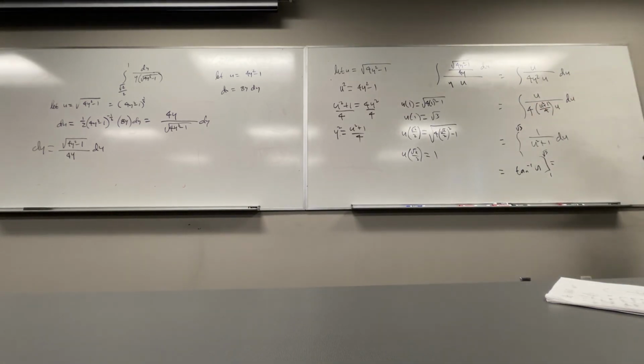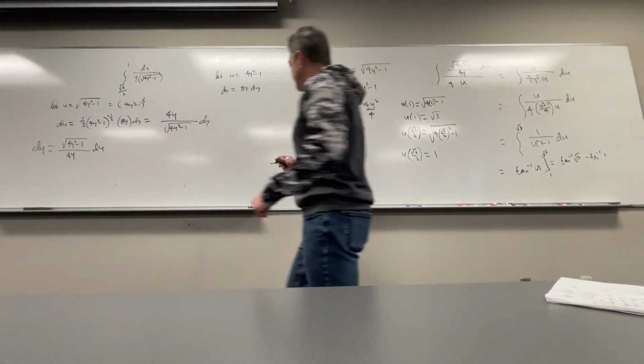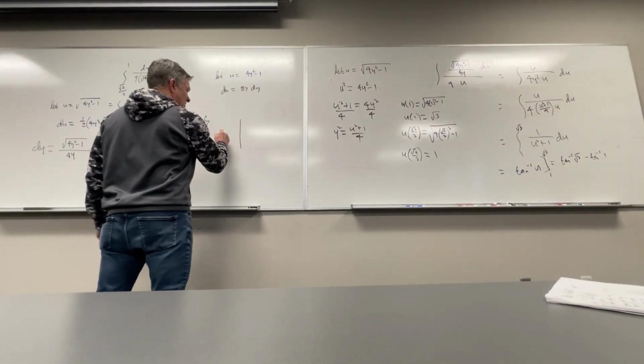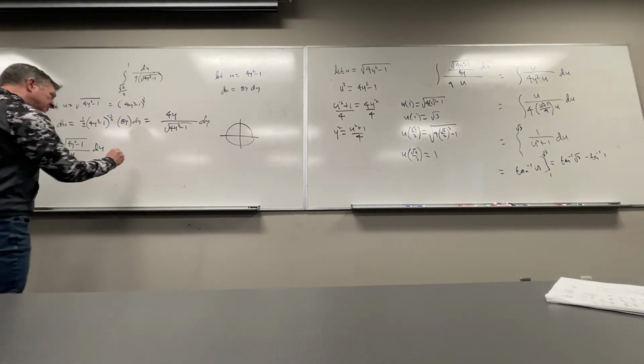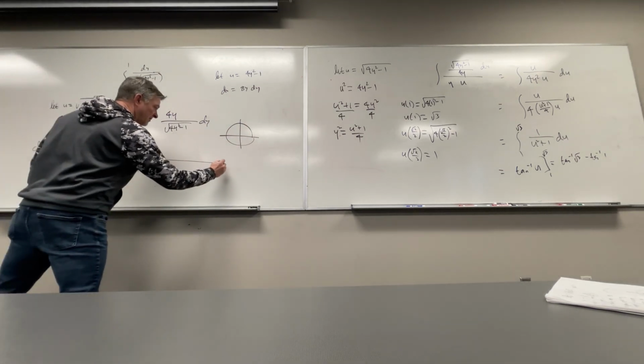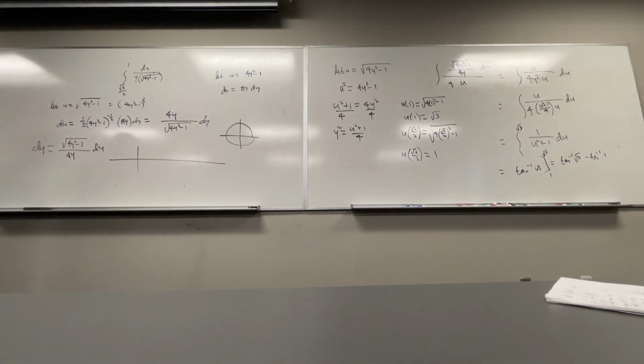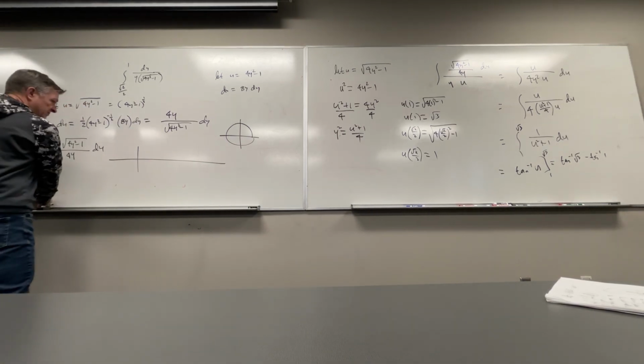So now, here's what we got to do then. We got to find the arctangent of the square root of 3 and subtract from that the arctangent of 1. Okay, well, we need to be a bit familiar with what the tangent function looks like. A couple of things we could do. We could look at a unit circle. We could also look at the graph of the tangent function. I didn't need to go out that far, did I, for a tangent?